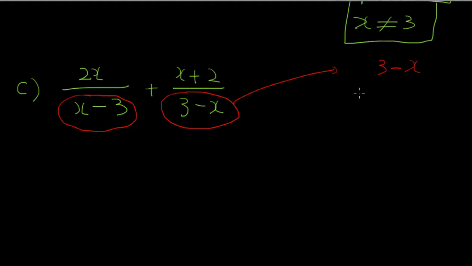You can rewrite this as minus x plus 3. Remember that same trick. Now we're going to factor out the negative, and write this as minus (x minus 3).